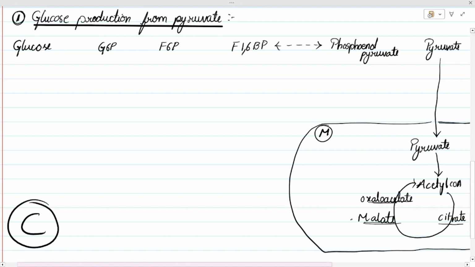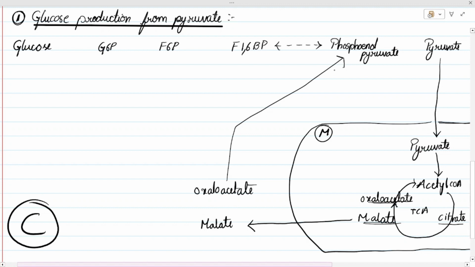After this, the malate present in the mitochondria gets transported back into the cytoplasm and gets converted into oxaloacetate. Here in TCA, the malate is getting converted into oxaloacetate. Same occurs in the cytoplasm also. And now, this oxaloacetate gives rise to phosphoenol pyruvate. This is the basic skeletal structure of the entire glucose production through the gluconeogenesis process.